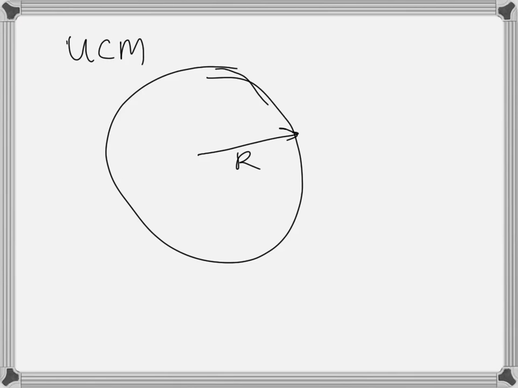And let's say you're a car going around a track, or a ball on a string, whatever you are, you can be whatever you want to be. You're traveling in the forward direction, so your velocity is always tangential to the circle.